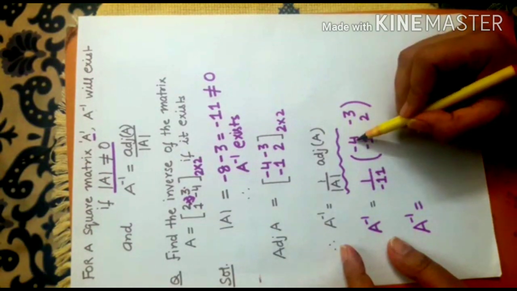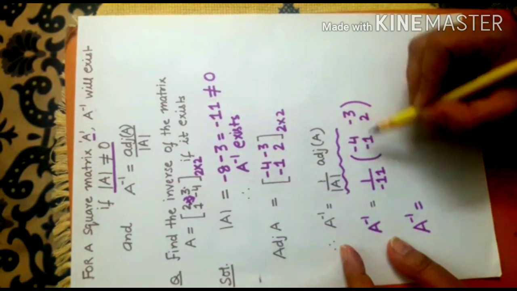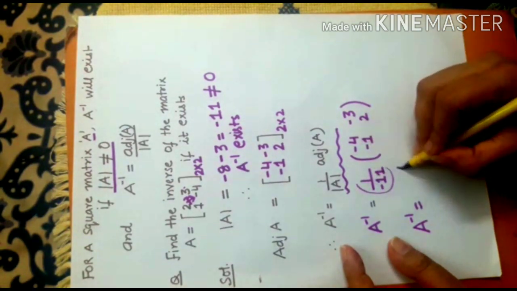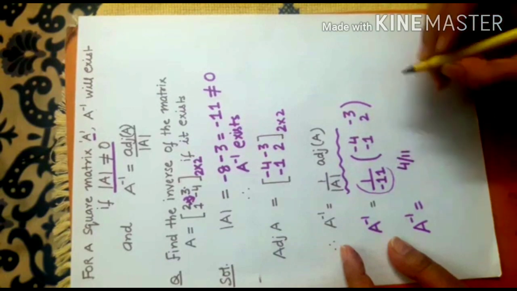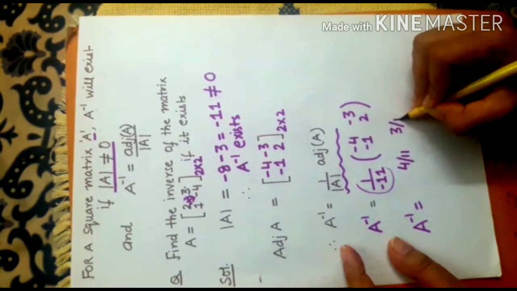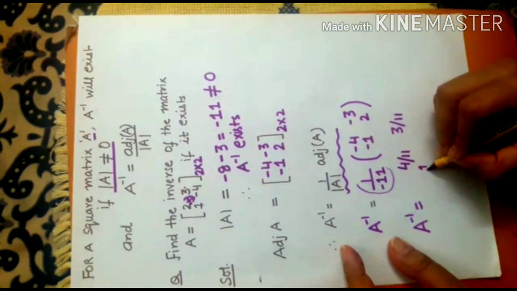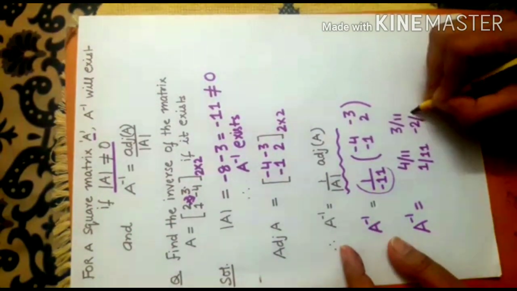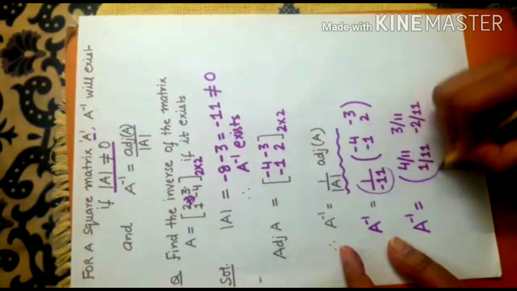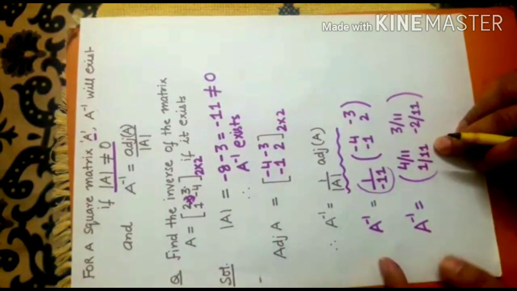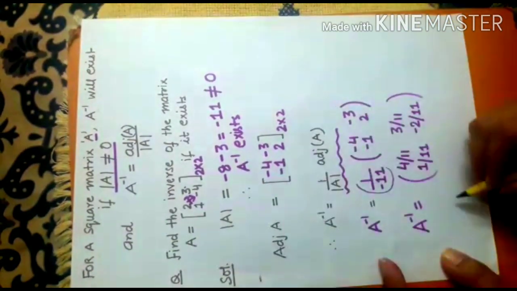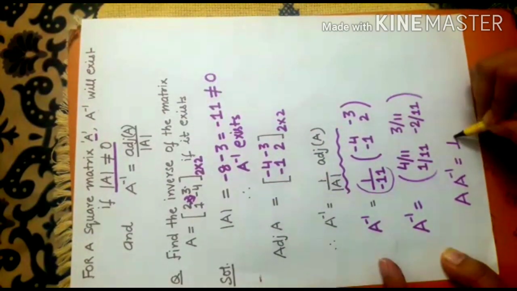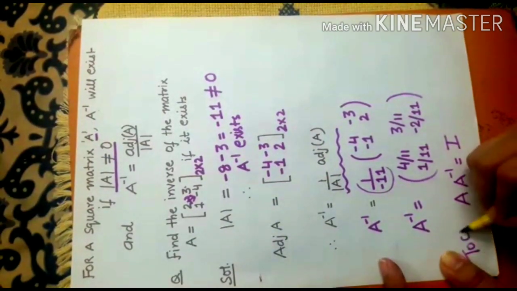That means every element of this matrix will be multiplied by this scalar. So we will get 4 over 11, 3 over 11, 1 over 11 and -2 over 11. So this is the inverse of the matrix A. And you can check A into A inverse will be equal to I.